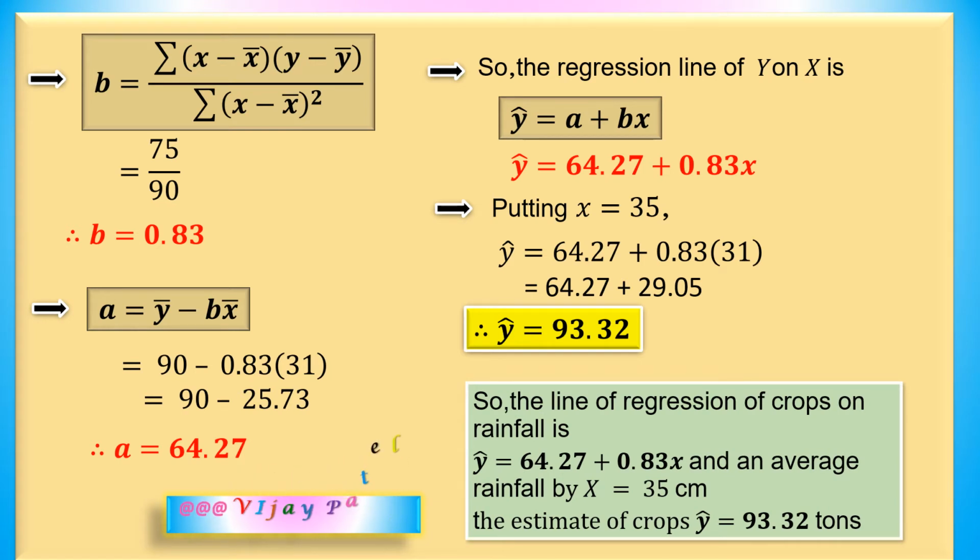So the line of regression of crops on rainfall is y cap is equal to 64.27 plus 0.83 x, and for an average rainfall x equal to 35 centimeters, the estimate of crops y cap is equal to 93.32 tons.